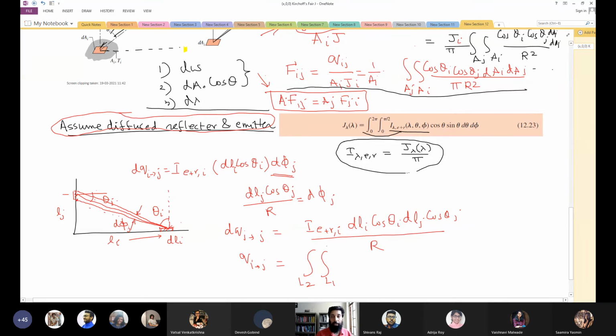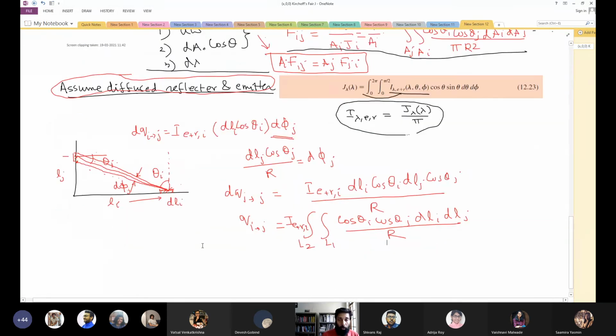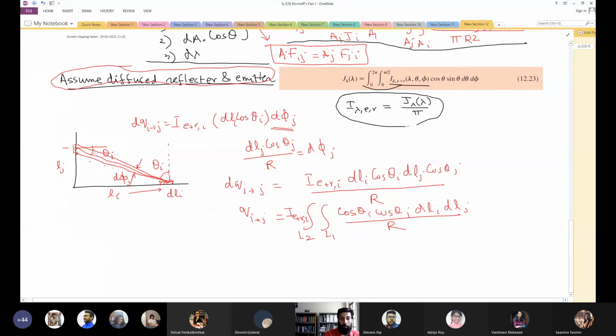And if IE plus R I is uniform everywhere, I pull it outside: IE plus R I, and then you write cos theta I, cos theta j, dli dlj over R. And the total energy that is radiated is intensity times the length.